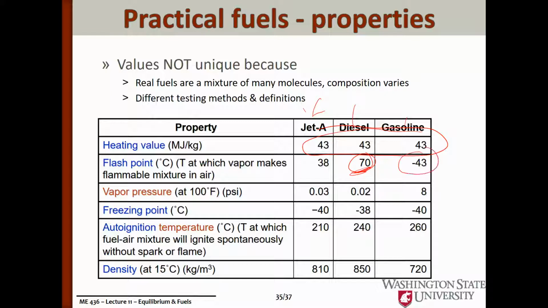Gasoline, we want to turn on that engine and go. It has a very, very low flash point. Jet engines, well, they're on jets. They know they can do a whole pre-flight procedure and get it warmed up. They've got a very long mission profile, so it's okay if it takes a while for that engine to get warmed up.